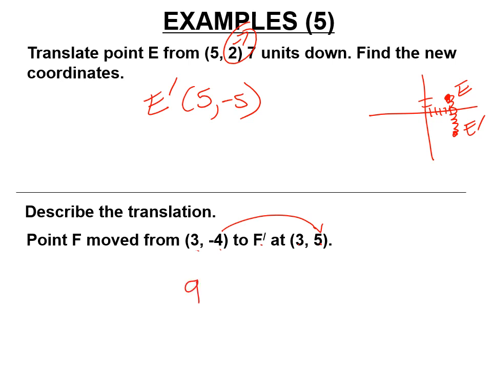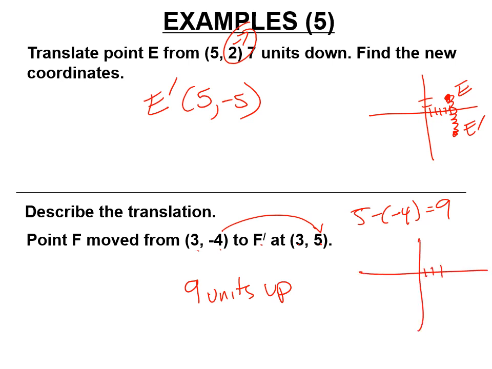That was 9 units up, right? 5 minus -4 was 9. Let's just see that. So it was at 1, 2, 3, 4, and then it went to 5. And so from 3, -4 to 3, 5 is 9 units up.